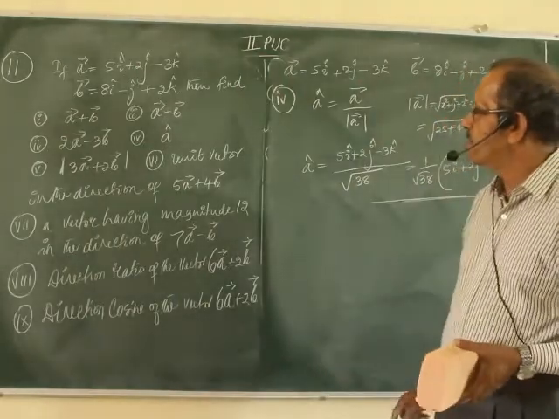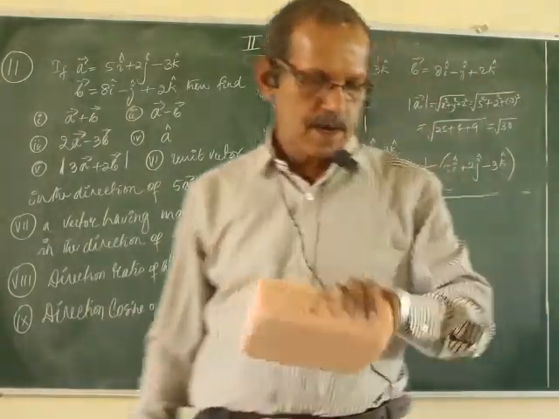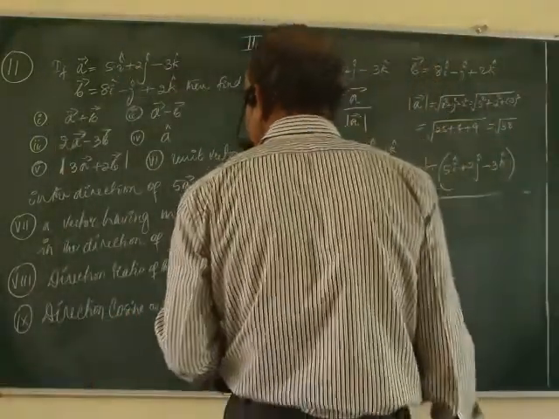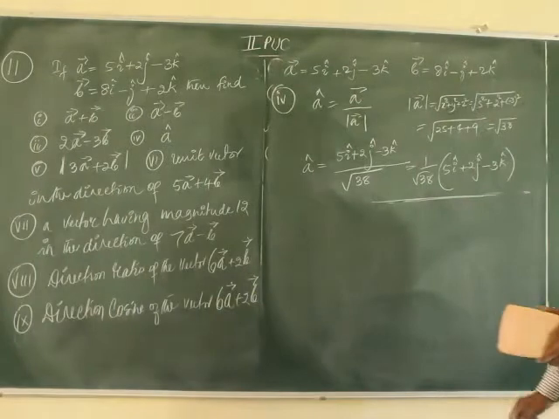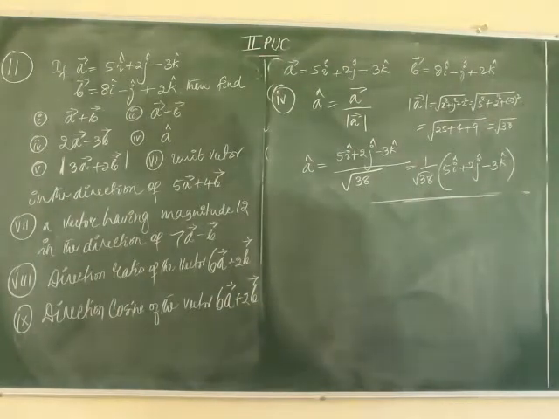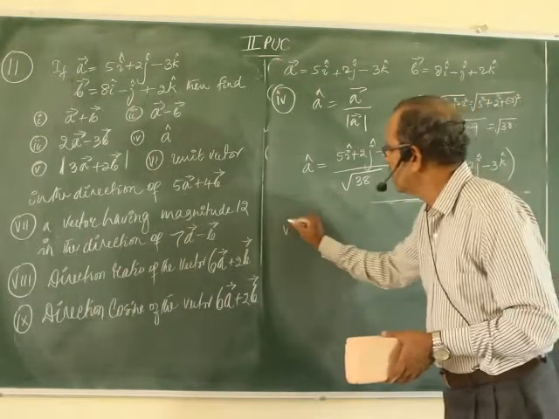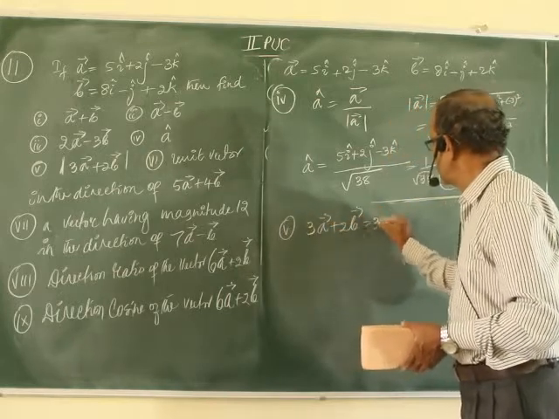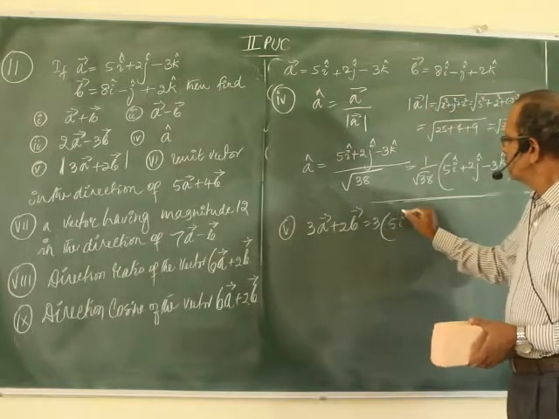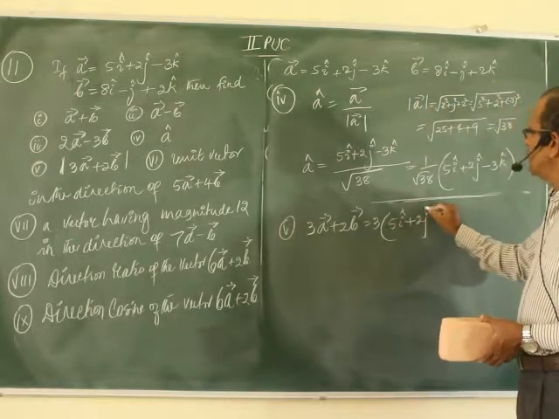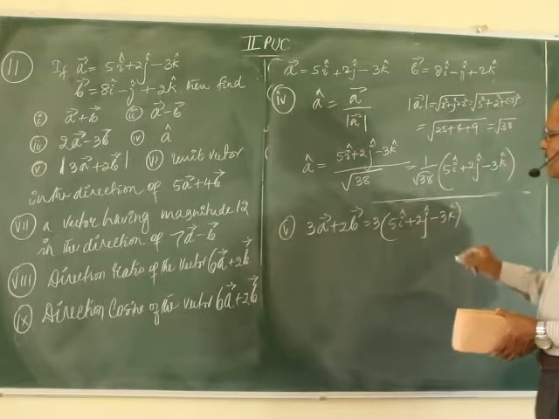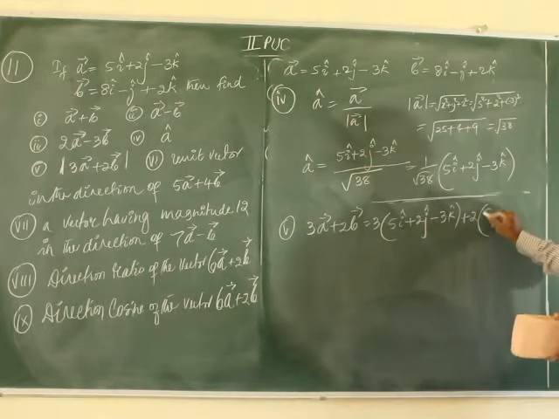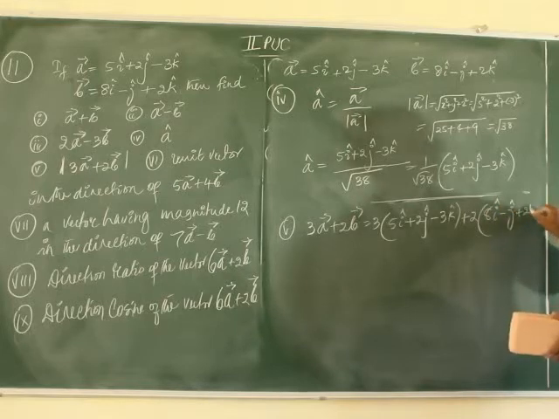Problem number fifth one. 3a plus 2b equal to 3 into 5i plus 2j minus 3k plus 2 into 8i minus j plus 2k.